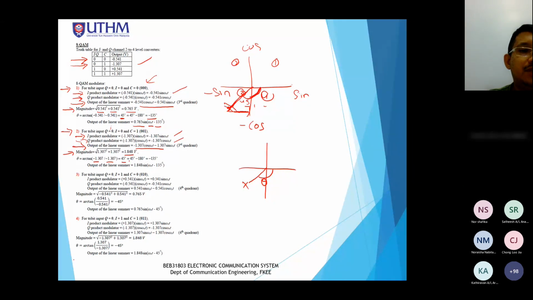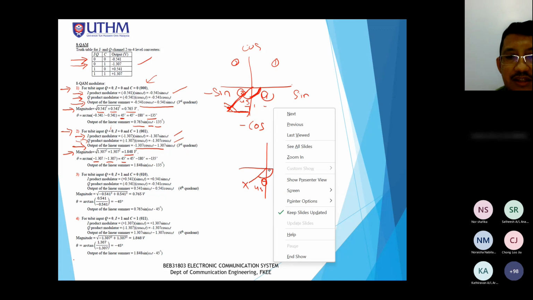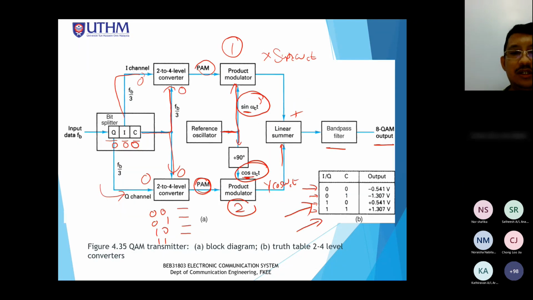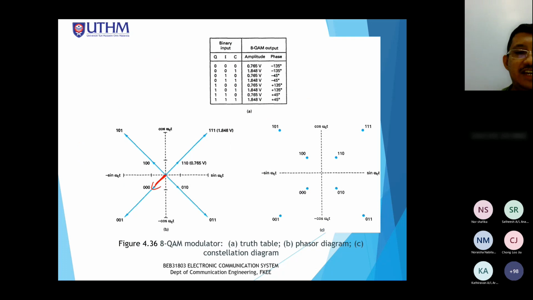So you get 45, but 45 is actually over here, so it is minus 90 minus another 45, so you get minus 135. So the output of the linear summer is 1.848 sine omega ct minus 135 degrees. If you draw the phasor diagram, it is here, for input 0, 0, 1.